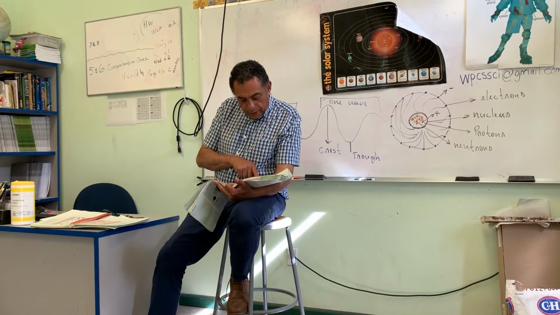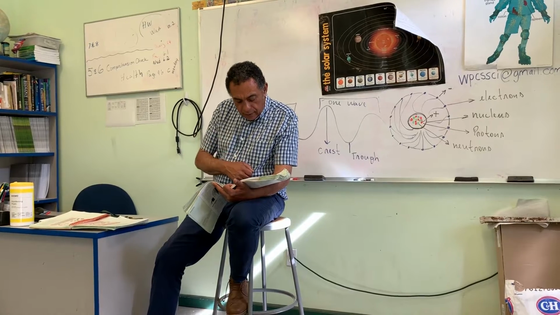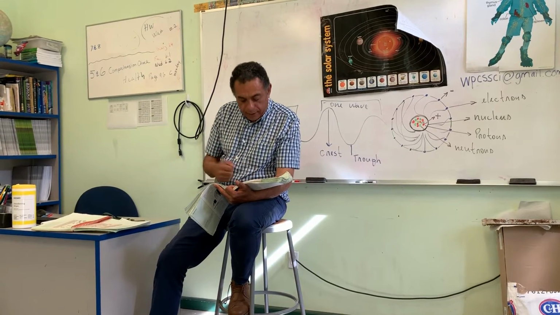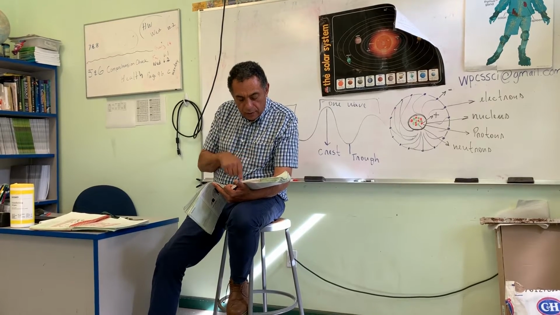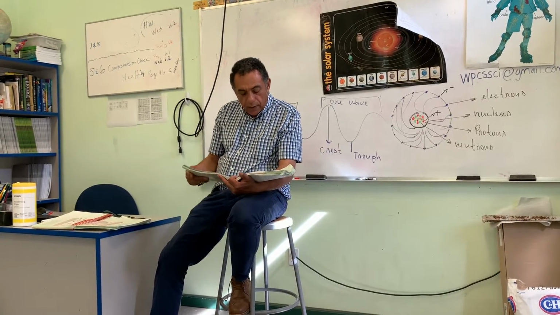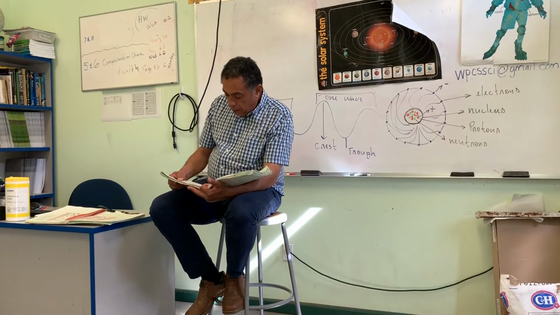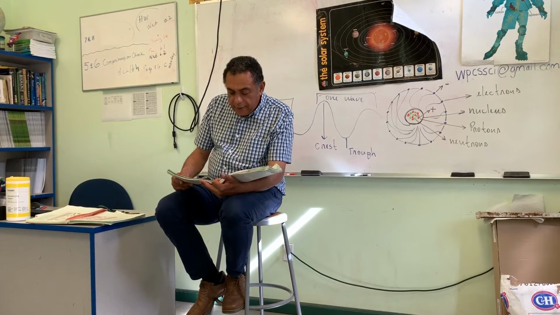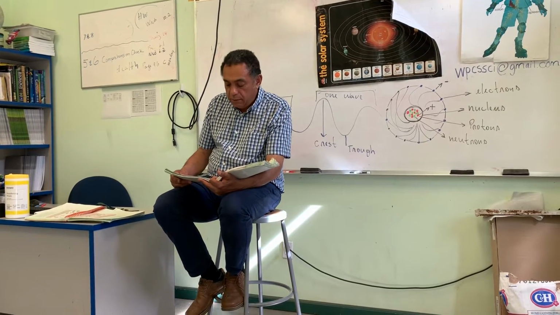Now, when you have other elements together, for example water, you have hydrogen and oxygen, and then what do you have? A compound. Element, compound.